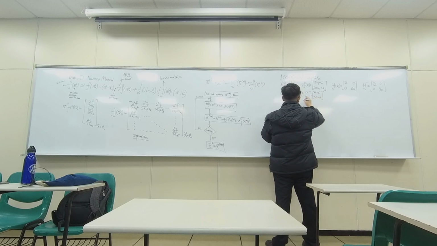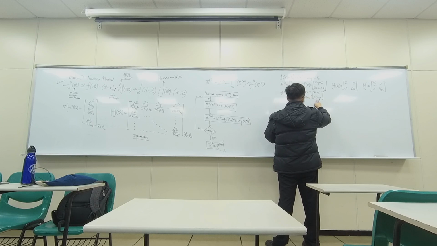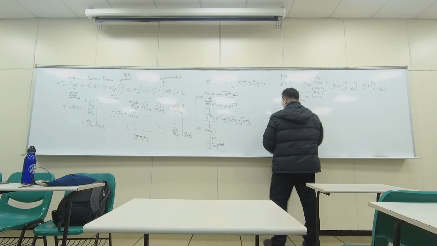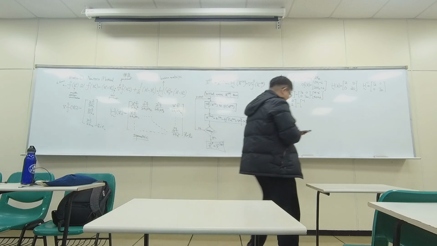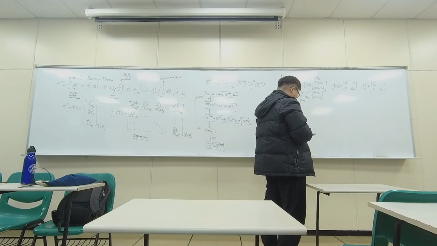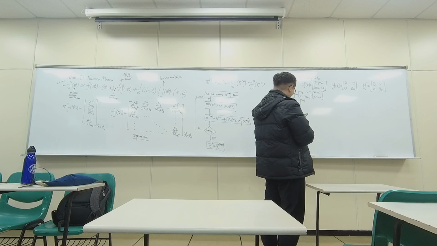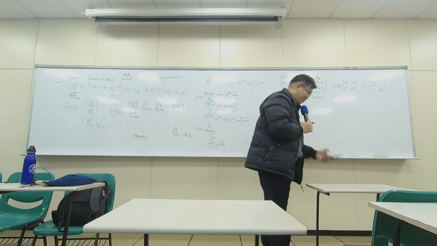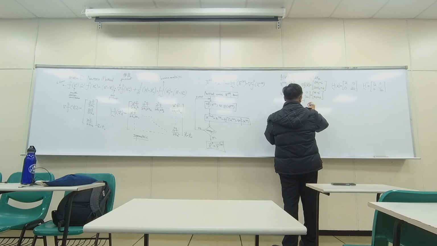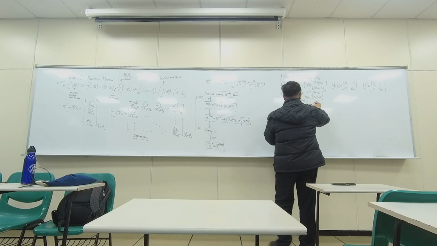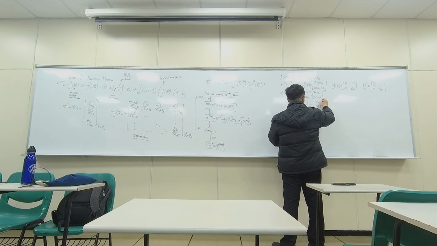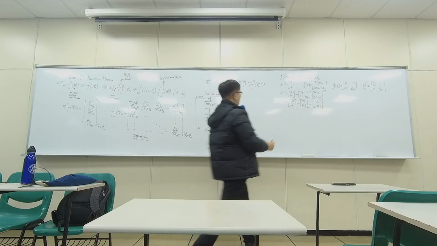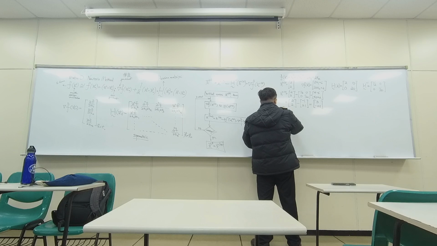This is negative 2, so negative 1, negative 42. So 42 divided by 20 is 2.1. So at the end, 3, and 0.1. Should be right. And then I'm going to do the convergence check.